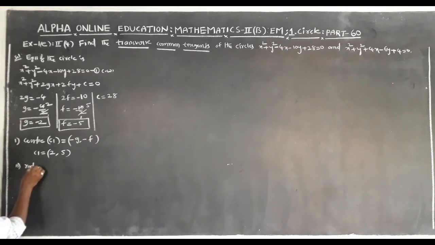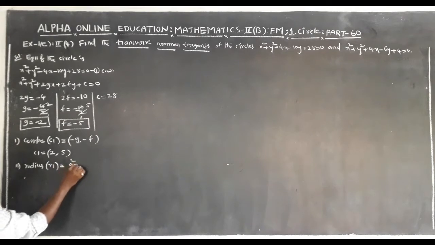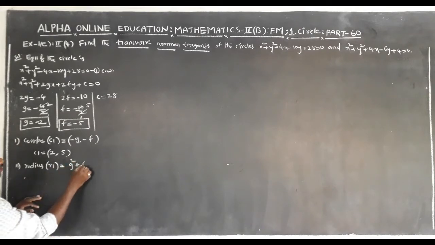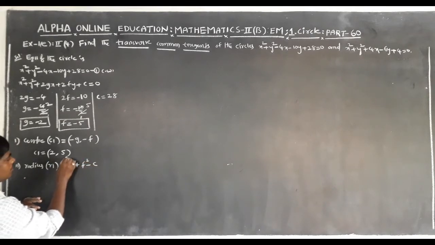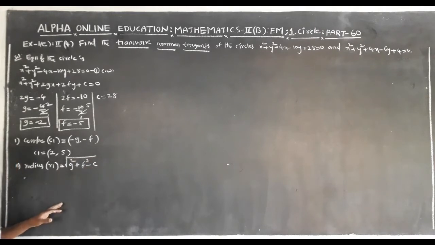Again find the radius of the first circle. R1 is equal to the square root of g² + f² − c. This is the formula for finding the radius of the circle.